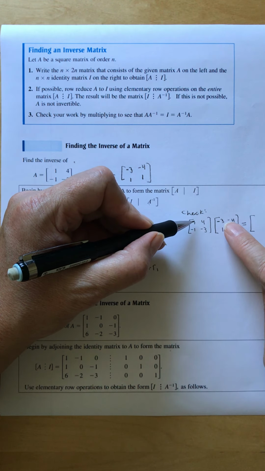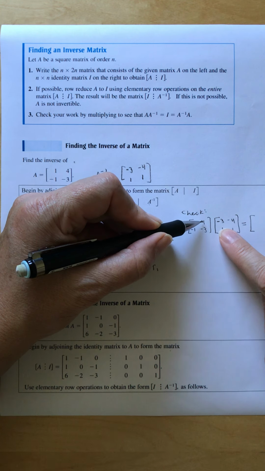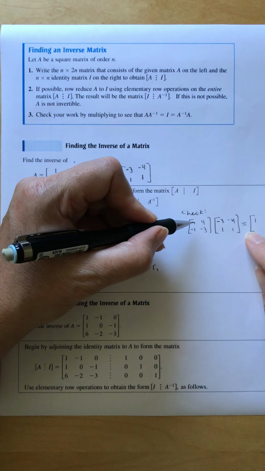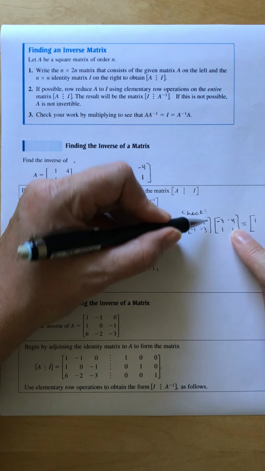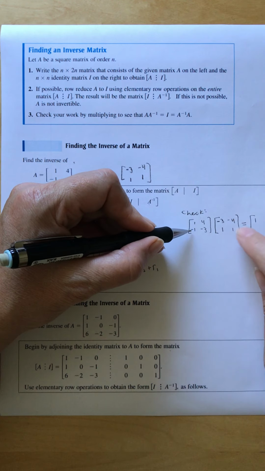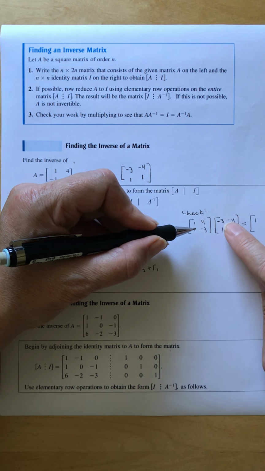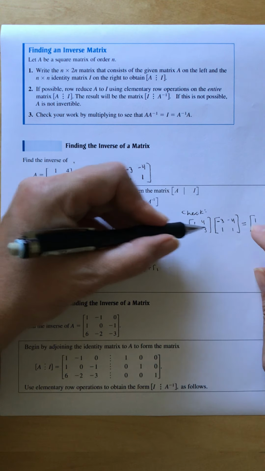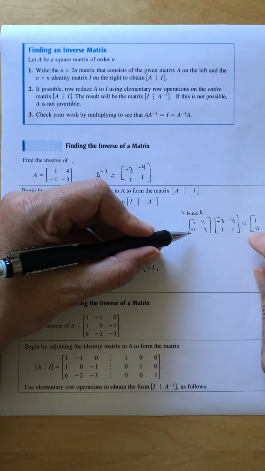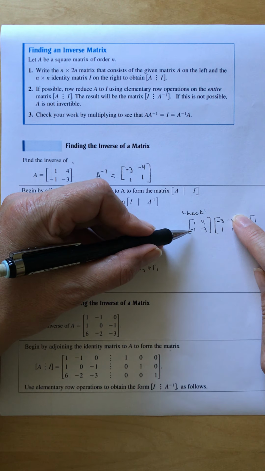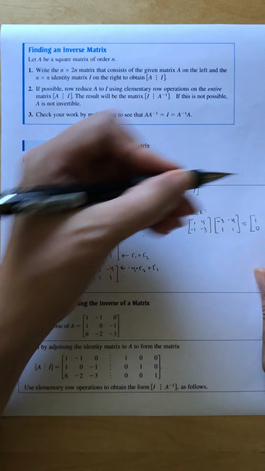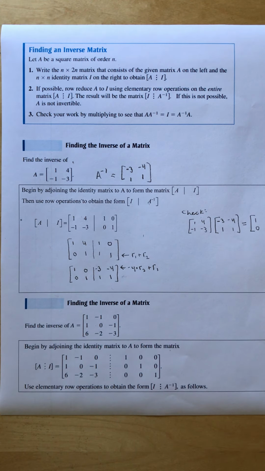So now I'll have -3 plus 4, which is 1, then -4 plus 4, which is 0, then +3 minus 3, and +4 minus 3, 1. And then you could check the other order, but I think we should move on.